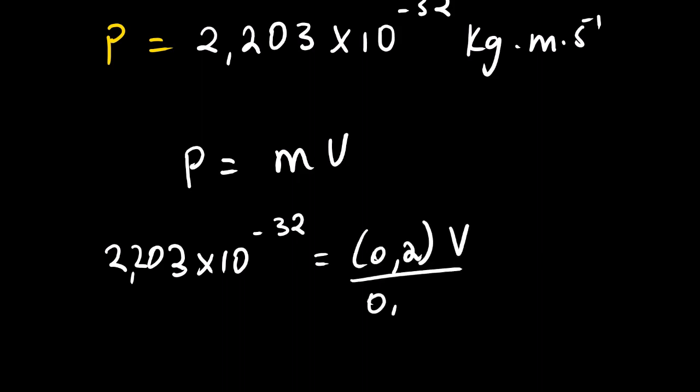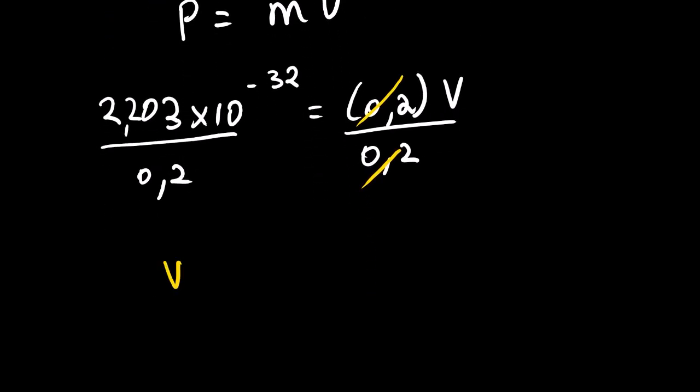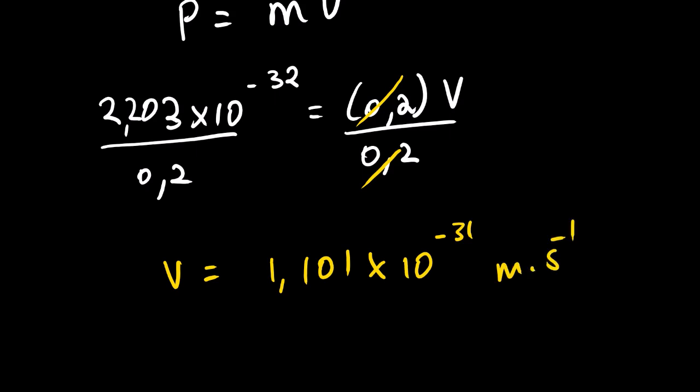Divide by 0.2 both sides. The velocity is 1.101 meters per second. No, actually, it's a very small value, which is times 10 to the power negative 31 meters per second.